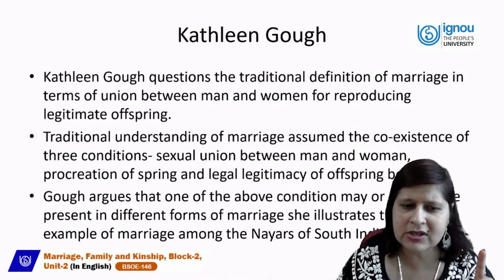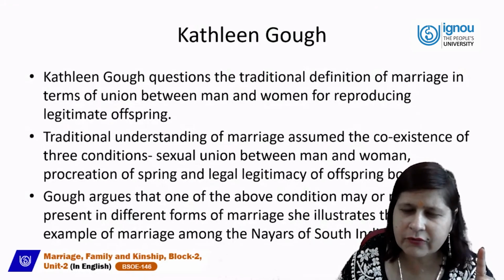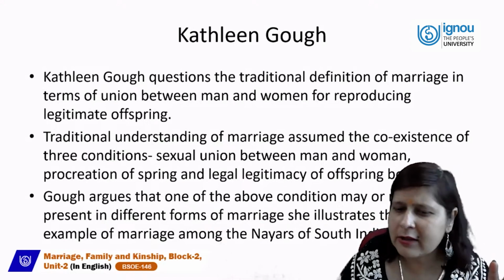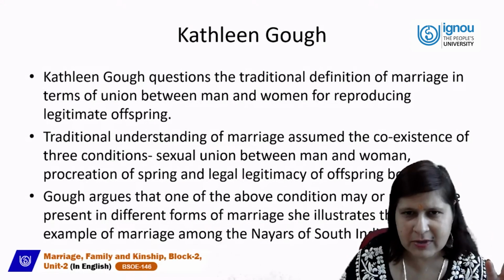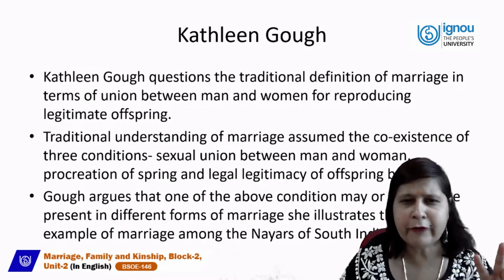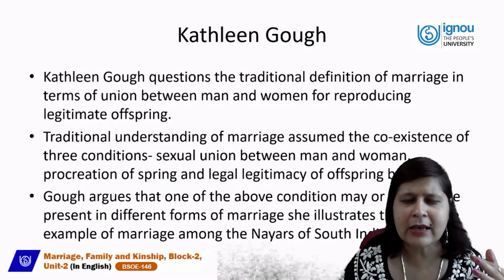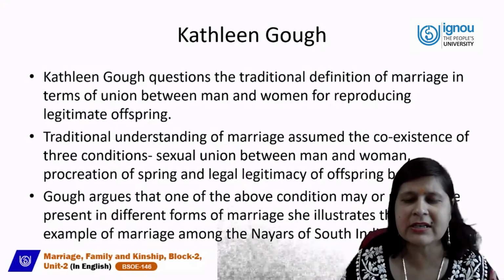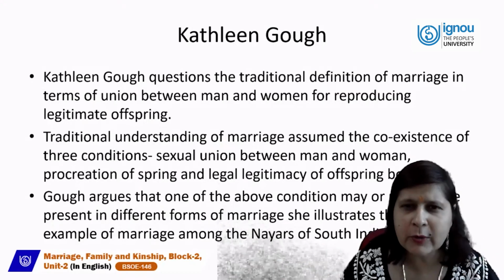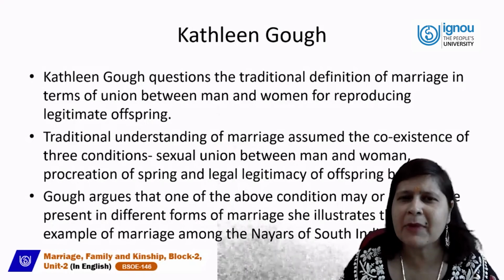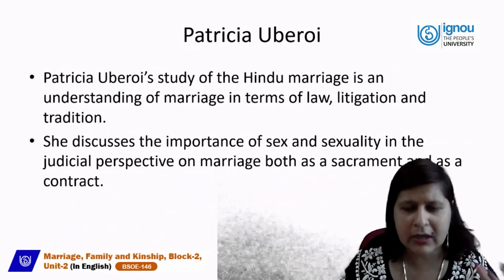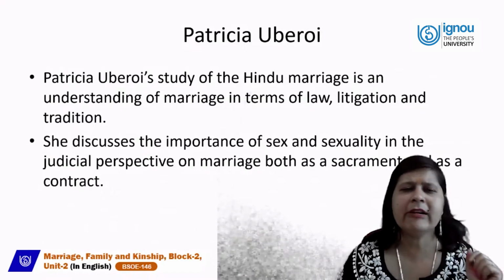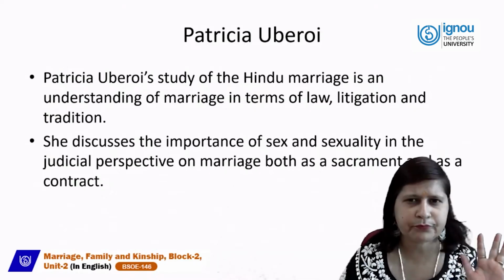There should be the coexistence of three conditions: the sexual union between the male and the female, then procreation and legitimacy. Gough said that in many cases, if one or more of the three conditions is not present, then she tried to explain it by giving the example of the Nayars of South India. So she questioned the traditional definition of marriage.